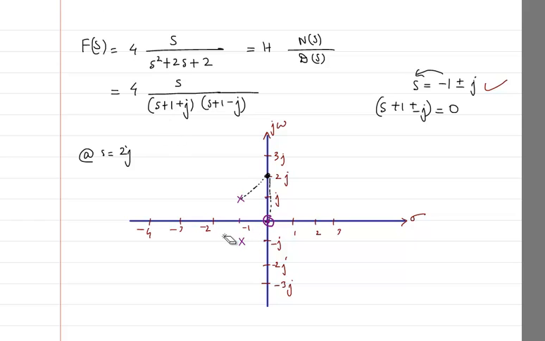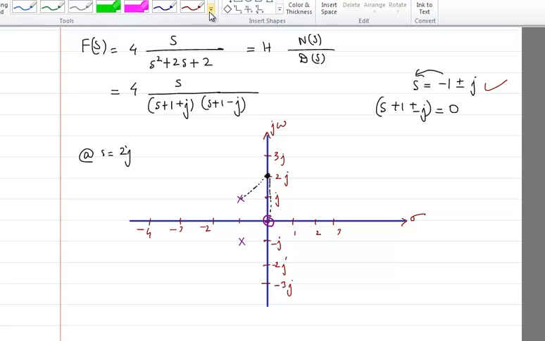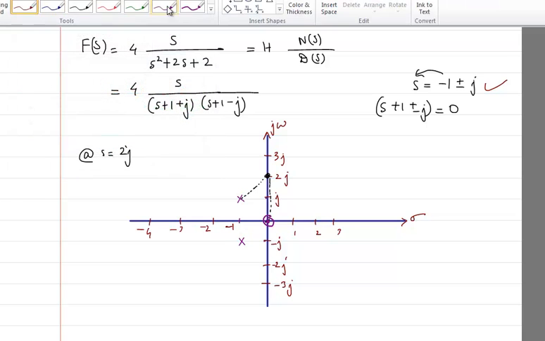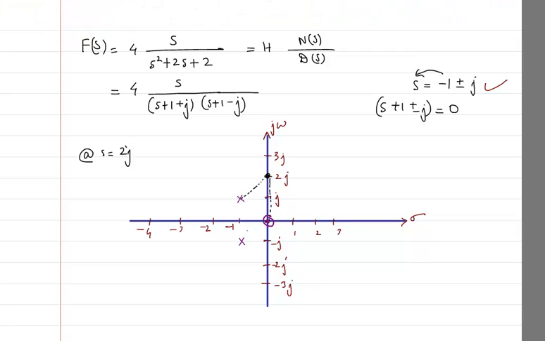Yeah, from the pole I have to draw it towards the point that they have mentioned here, which is what? 2j. So towards 2j I have drawn all the lines.